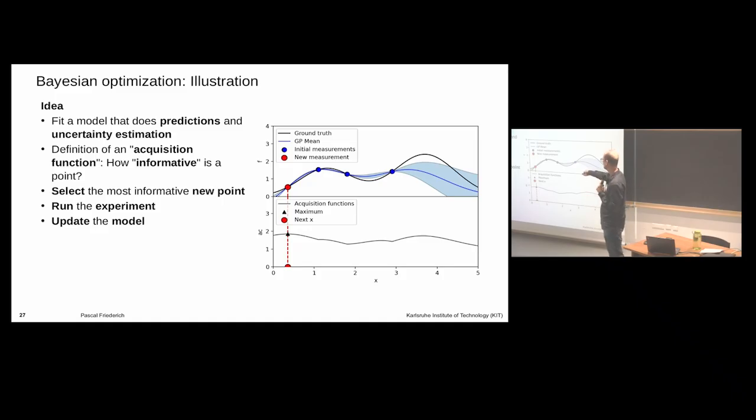So we will probably not ever go in this region of x equals 0 to 0.5 anymore, because we know that the value that we observed is low, and because we already have the second value here, we know that very likely it will not change a lot. So the uncertainty is also very low. So with no strategy, neither the explorative strategy nor the exploitation strategy, we will go very close to this region again. So we excluded with just one measurement a very large parameter space, and that makes us data efficient.